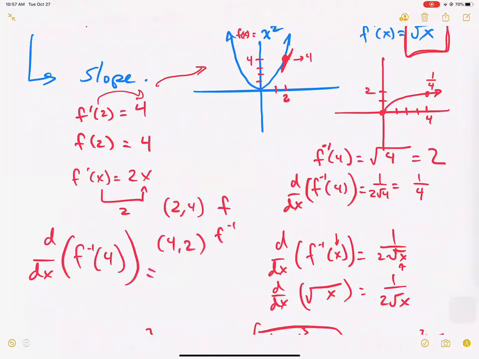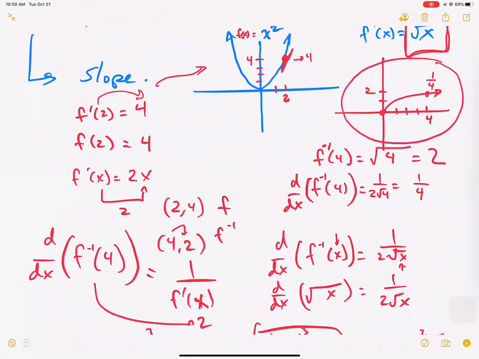It is equal to 1 over the regular derivative, but plug in 2. So that's an x. Plug in 2. Because what is the inverse of 4? Inverse of 4, the answer is 2. So the derivative of this guy here is actually just 1 over your easy derivative.